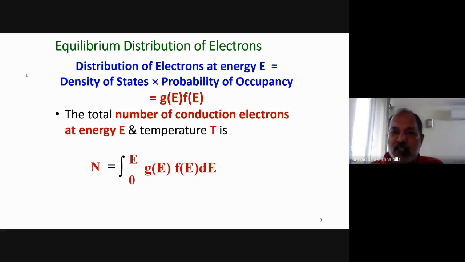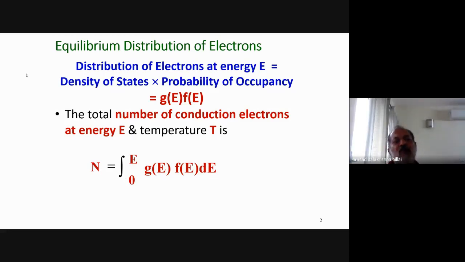We have seen a continuum in the energy band, so the density of states is the density of energy states per unit volume per particular energy range. The second part is the probability of occupying that state. The product of these two will give me the carrier concentration.